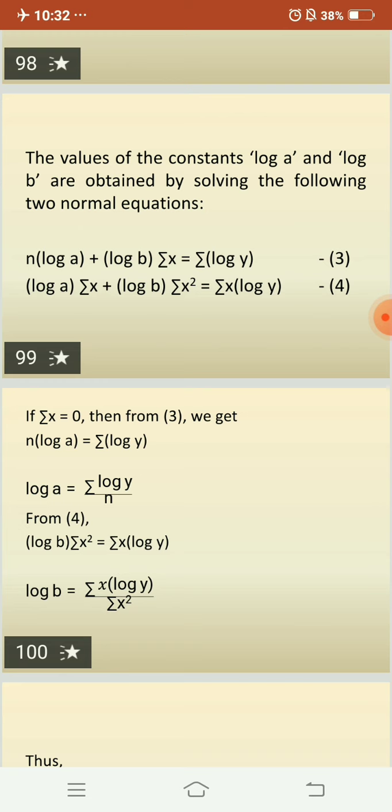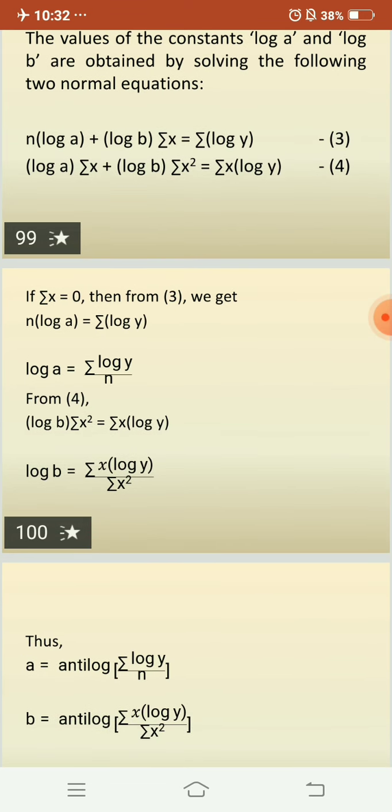If you are solving the given problems by applying the logarithm, you need to calculate the sum of log y and n, and substitute them in log a equals summation of log y divided by n, so you get the value of log a. Consider this equation number 4.